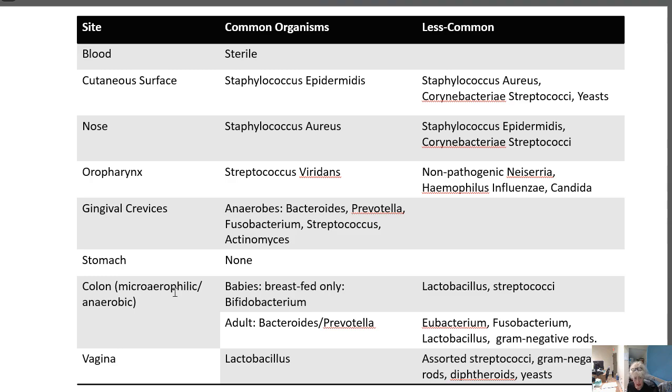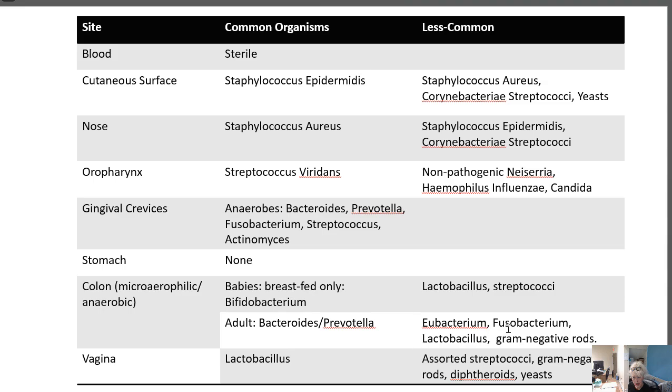The colon has microaerophilic and anaerobic bacteria. Babies breastfed only, Bifidobacterium. Adults, Bacteroides and Prevotella. Babies can have lactobacillus and streptococci.